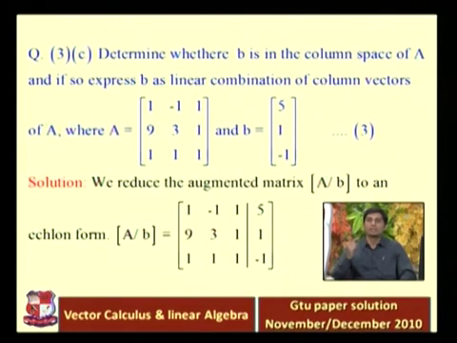The first condition is that the leading entry must be 1. And the second condition: in that leading entry's column, all the elements below the leading entry should be 0. That we know, that is the condition for row echelon form.